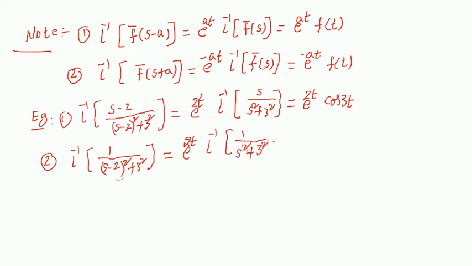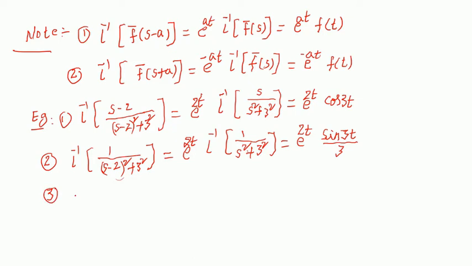So this is equal to e power 2t. L inverse of 1 by s square plus a square means sin at by a. Sin at by a means sin 3t by 3, right?